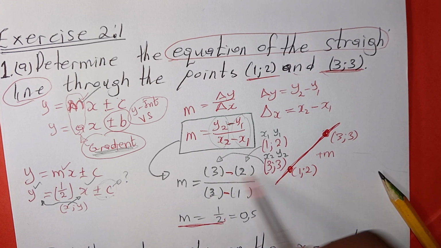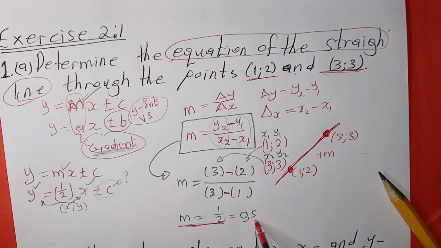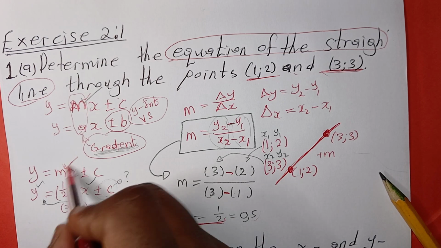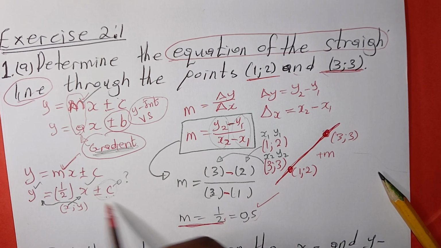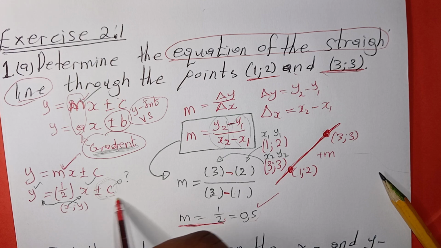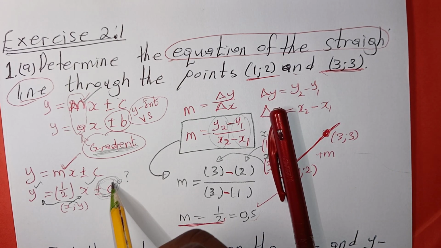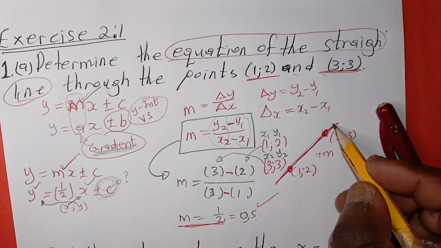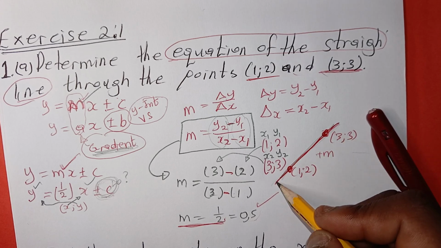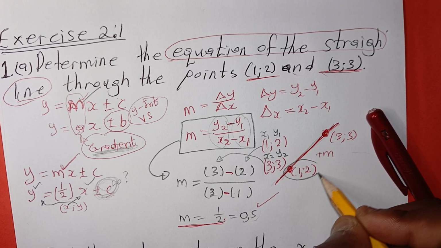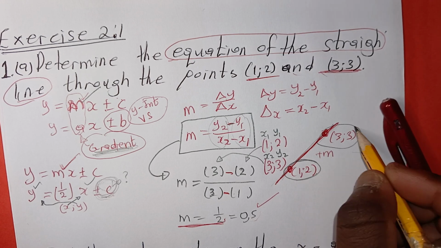If you know the gradient, then in order to solve for the y-intercept, you must take any point on that straight line. You can even repeat a point: take this one, or you can take that one.